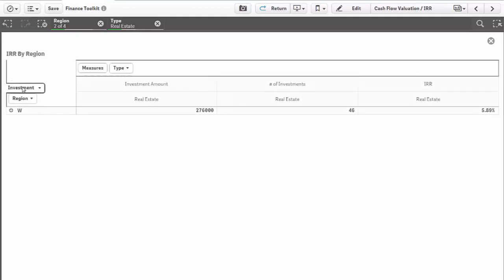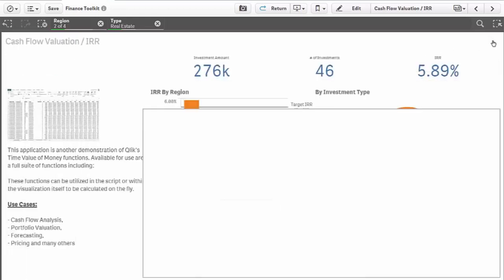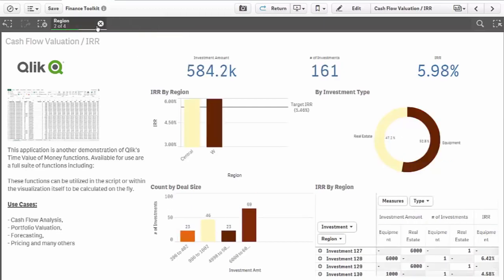And at any point, I can flip it over and look at every single one of those investments. In this particular case, I don't have a lot of variation in the amount of the investment itself, but I do have some variation in the actual rates. Drilling to detail, bringing all the detail in, allows me to cycle through any view of the data that I choose.